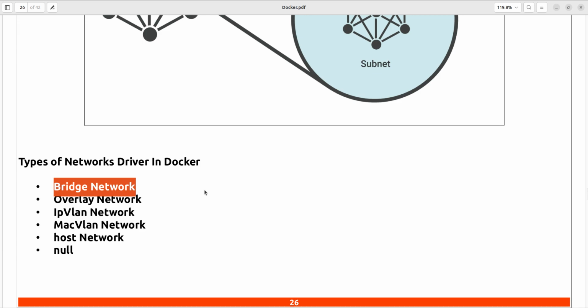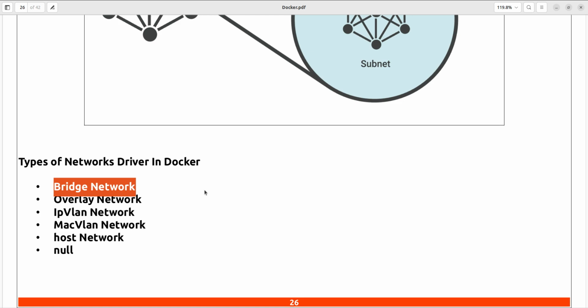So far we have created containers but we have not created any network, because Docker itself creates one default network named bridge. So we are not writing any extra code to create the bridge network and connect the container to that network. Automatically your Docker is doing that.